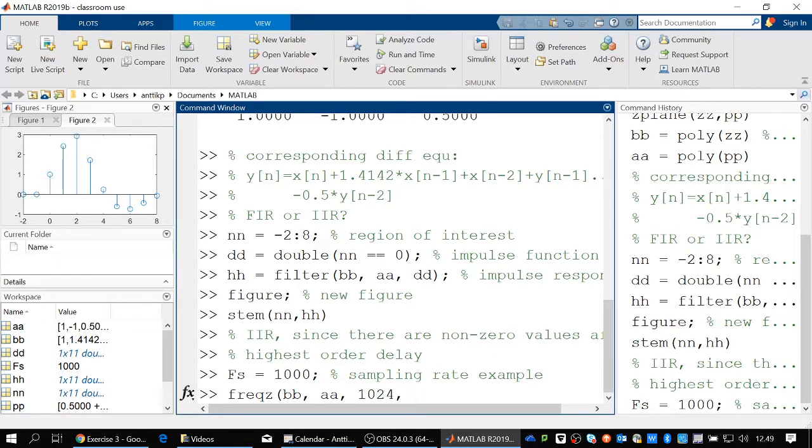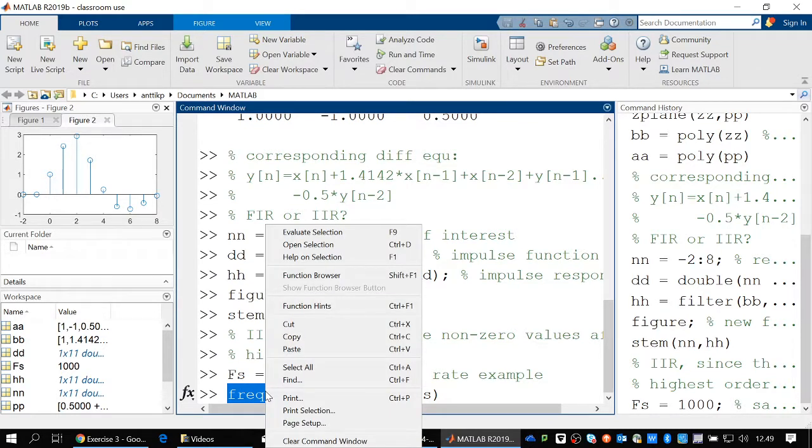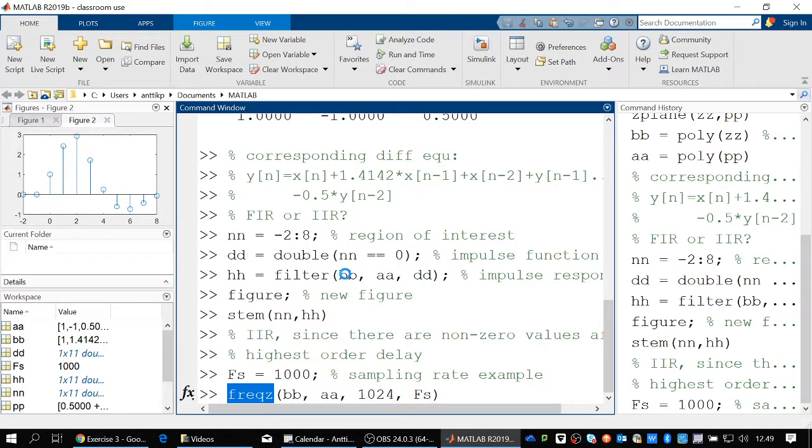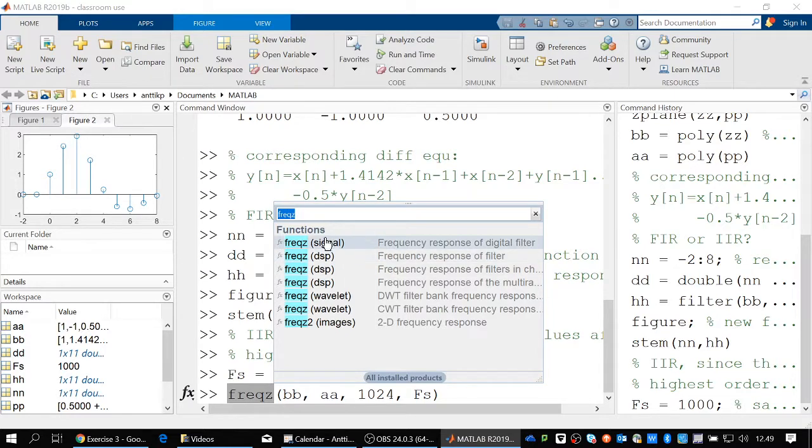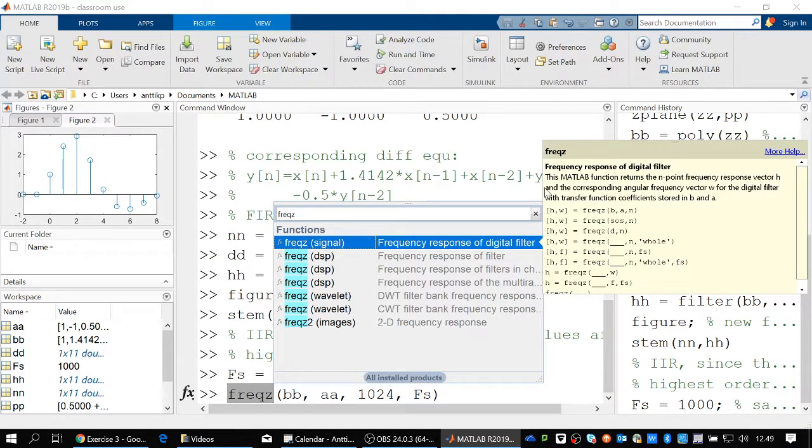And then we have the sampling rate. I think that is how it works. But I can always take a look at the function browser. Okay, it returns the frequency response vector H, or actually, yeah, there.